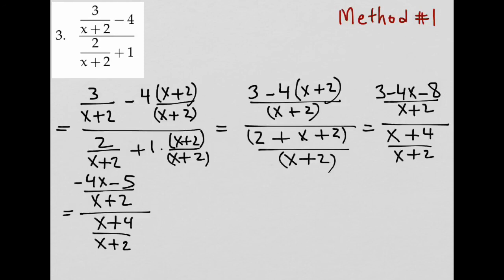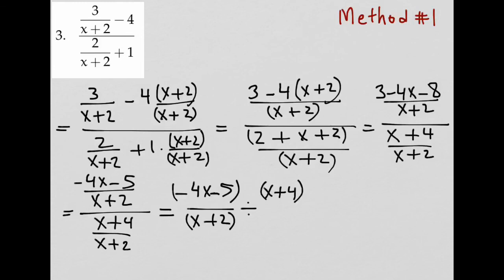Now let's convert the problem into a division problem. That's equal to minus 4x minus 5 divided by x plus 2 divided by x plus 4 over x plus 2.